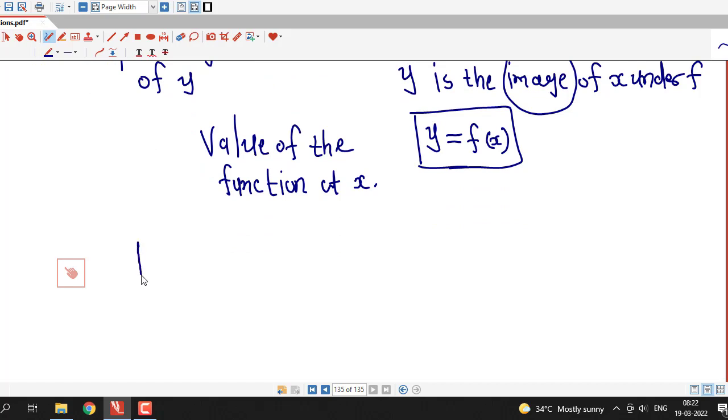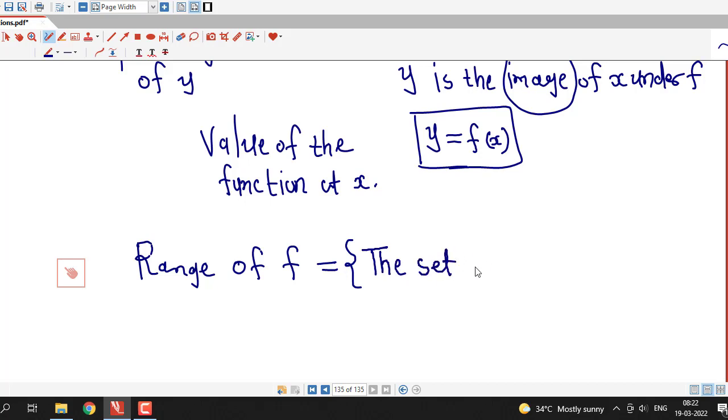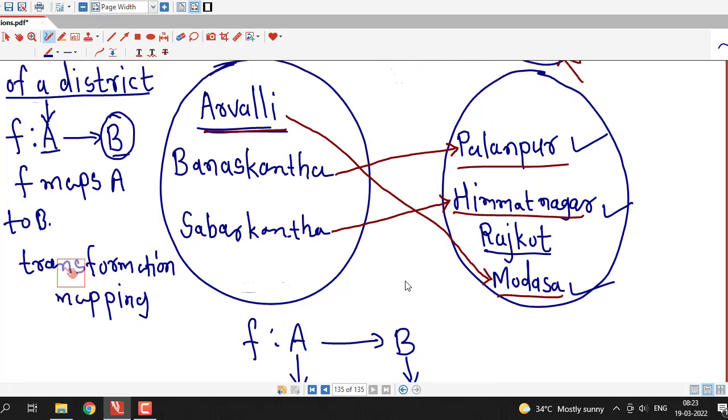Another definition is the range of a function. The range of a function is the set of all images of elements of the domain. In this example the images are Palanpur, Himmatnagar and Modasa.